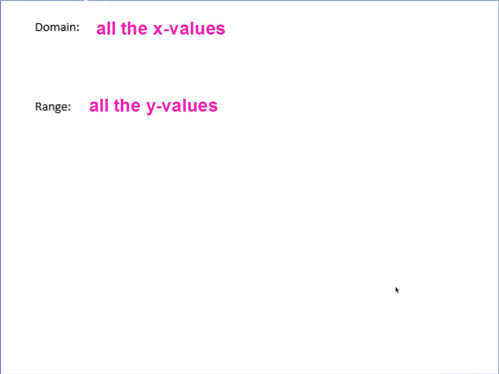Okay, then the last thing we're going to look at is something called the domain and range of a function. So domain is just all the x values, so all the x values that are in that relation or function. And range is just all of the y values. And when you write domain and range, because they are a set of numbers, in math we have something called set notation.